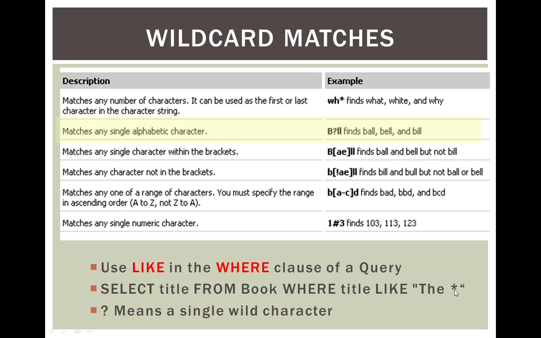What it's going to do is go in the table book, go in the title column, and using this LIKE, meaning that it's not exactly, but it's like, it's going to look for "the", and then anything after that, and it will accept anything.